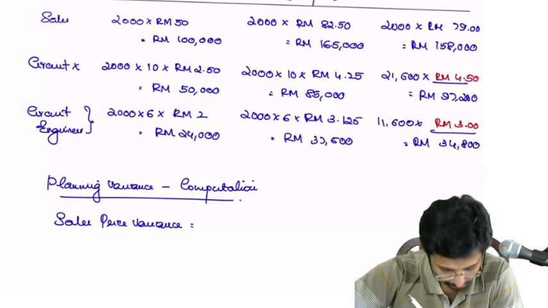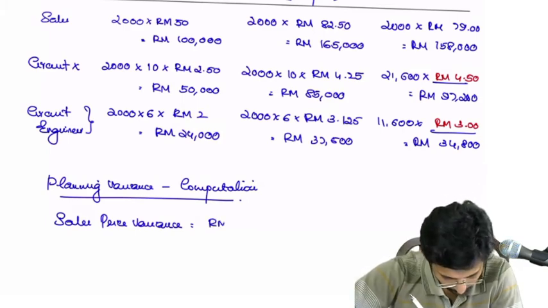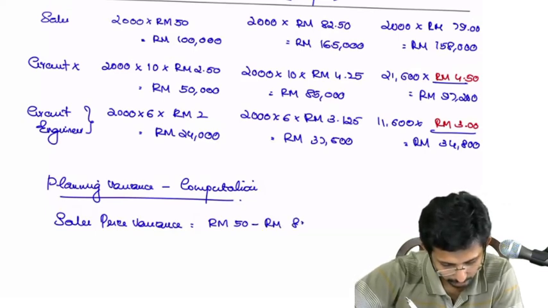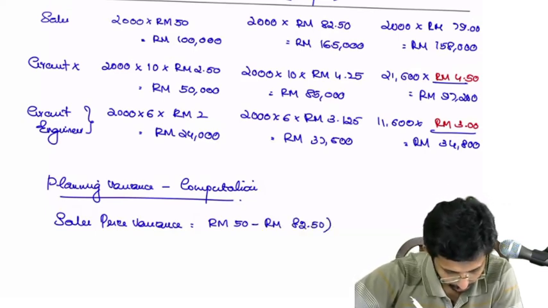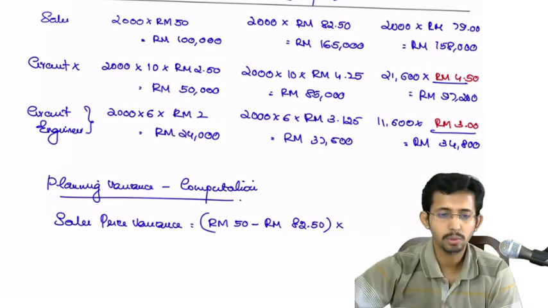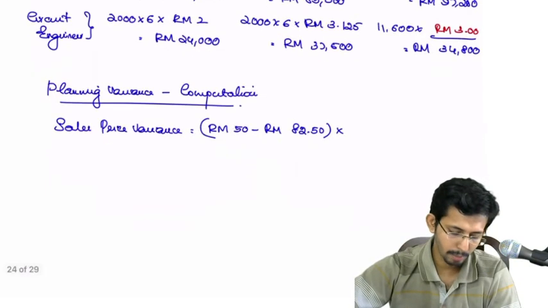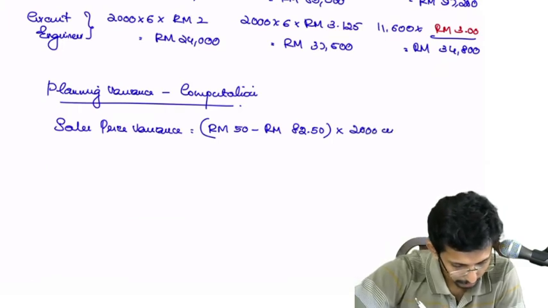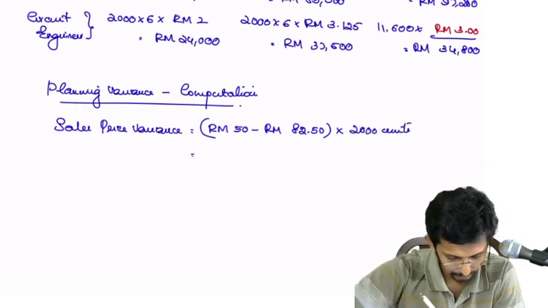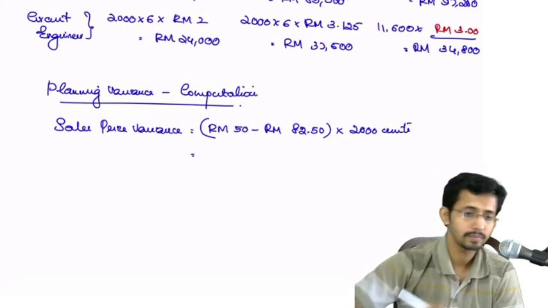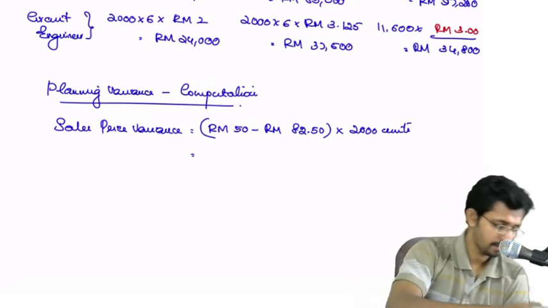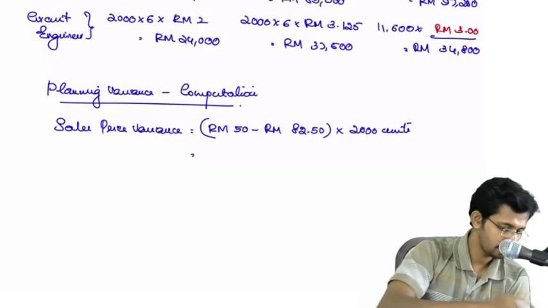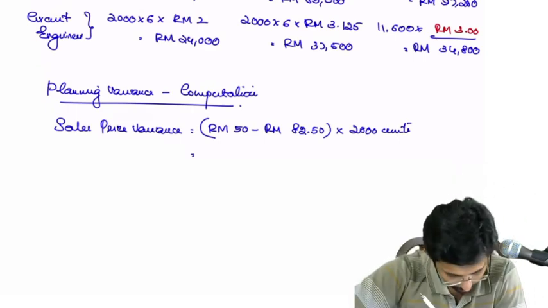So 50 minus RM 82.50 into actual production was 2000, actual sales was 2000 units itself, that is equal to how much? 50 minus 82.5, 32.5 into 2000 will be 65,000.